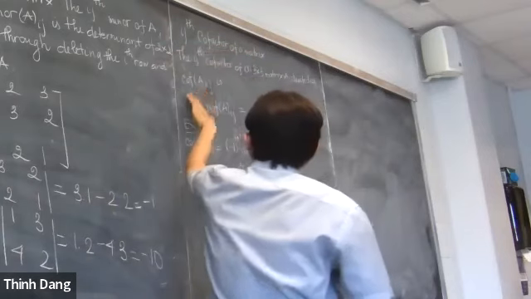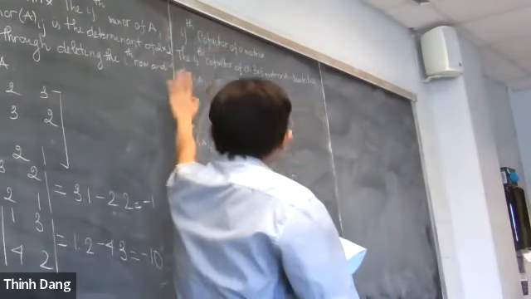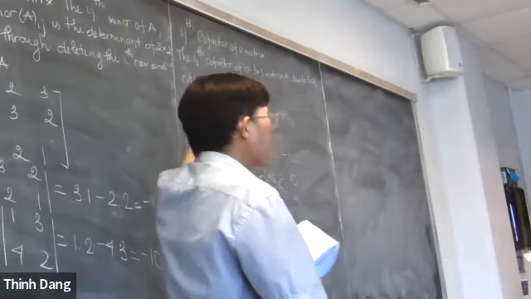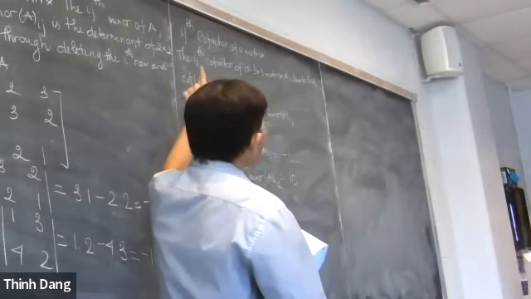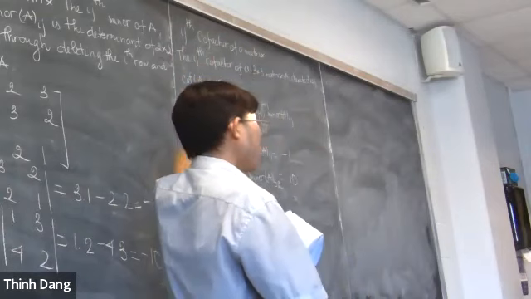So the cofactor Aij will be considered as the cofactor corresponding to the Aij entry in the matrix.